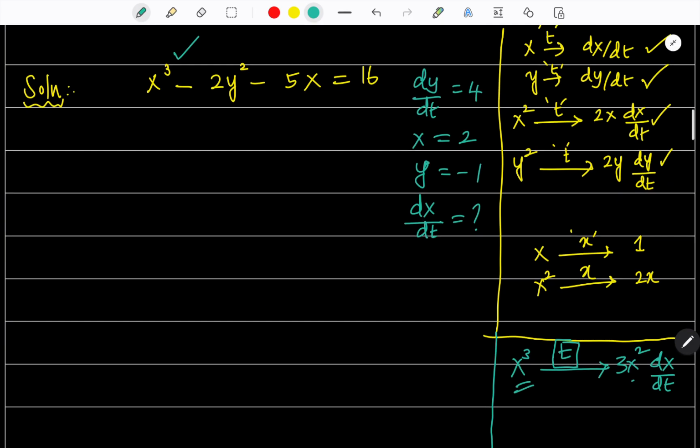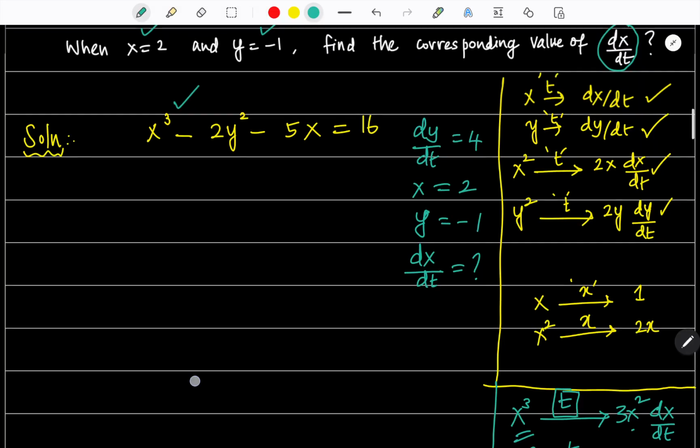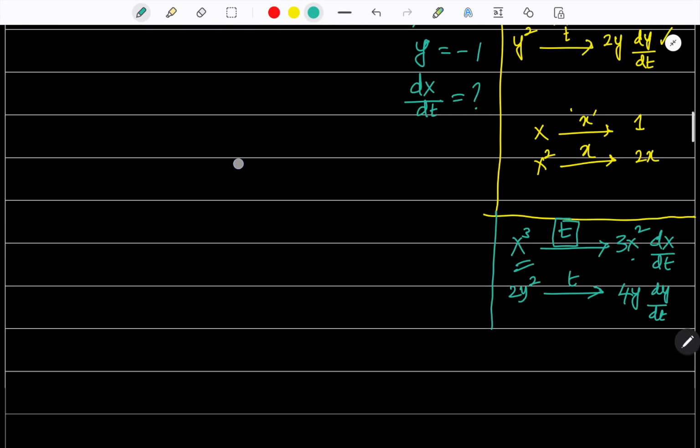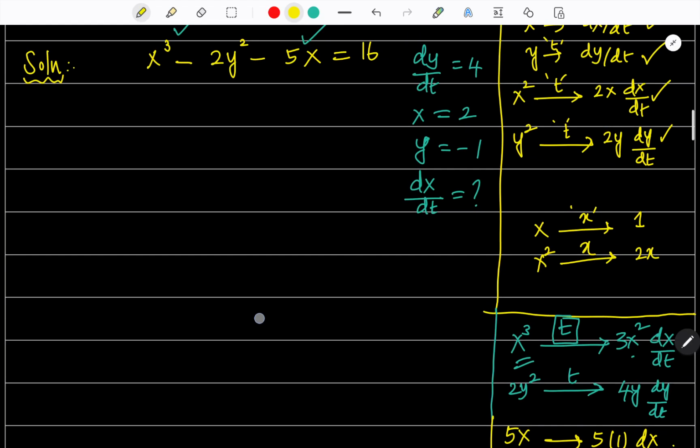When you do 2y square, what's the derivative of 2y square with respect to t? 4y dy by dt. When you differentiate 5x with respect to t, 5, derivative of x is 1 and then dx by dt. Okay, with respect to t.